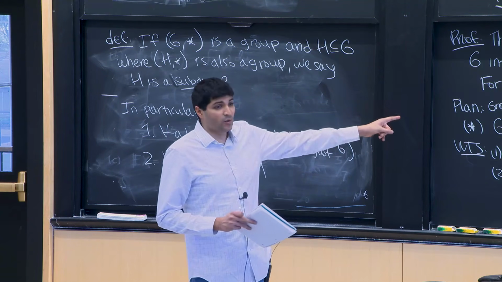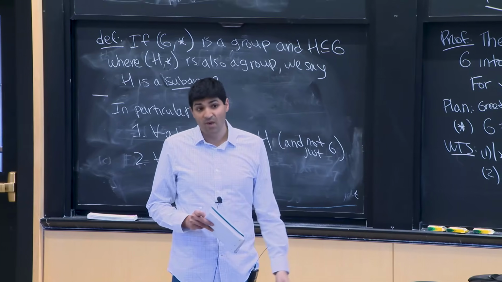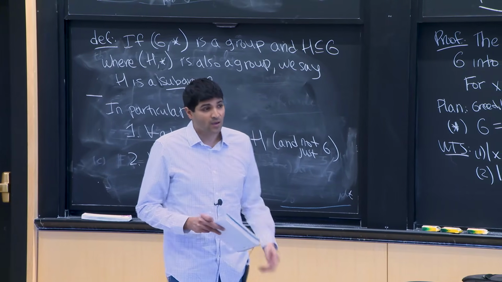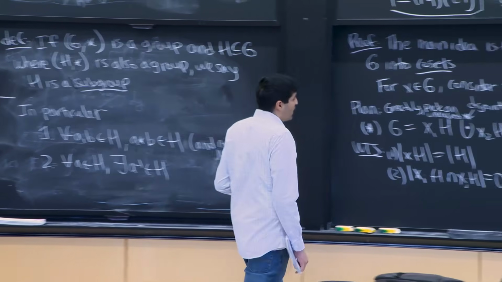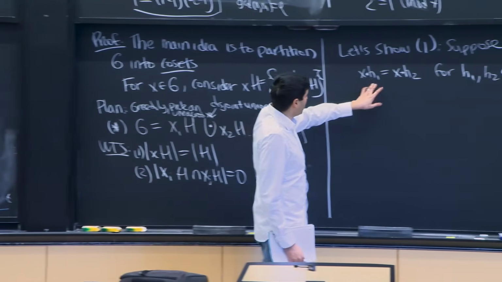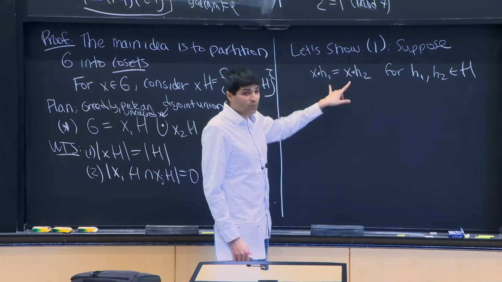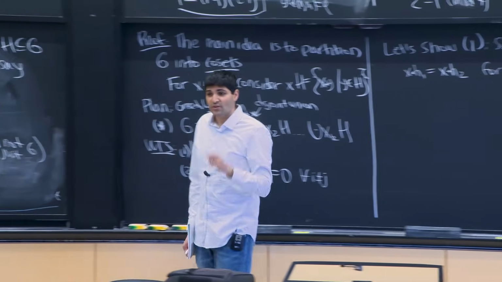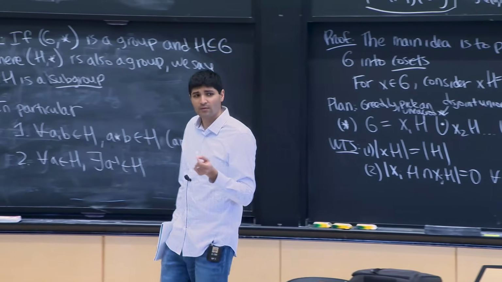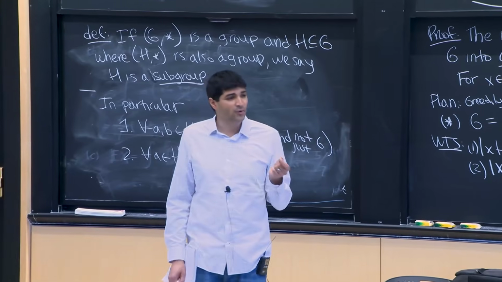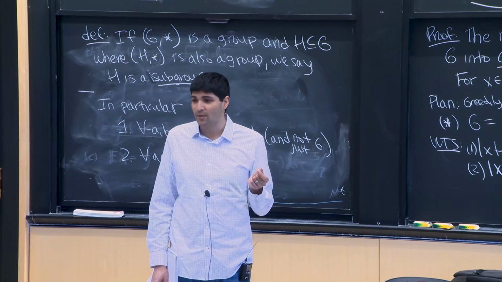What I want to do is show that h1 and h2 must be the same thing. I want to show that the only way that x times h1 is equal to x times h2 is if h1 equals h2. So how should I do that? How should I conclude that h1 and h2 are the same thing?